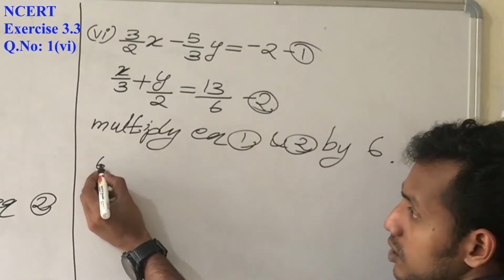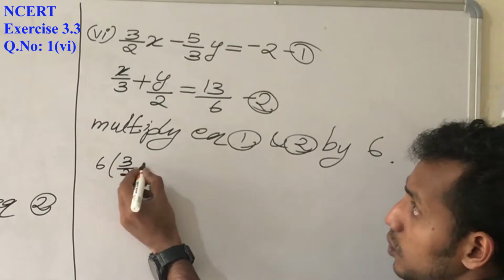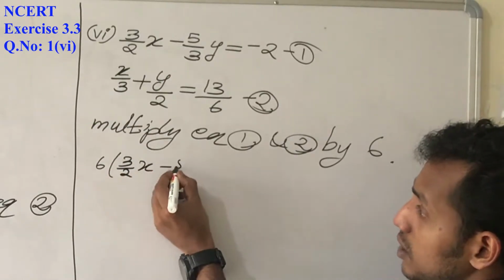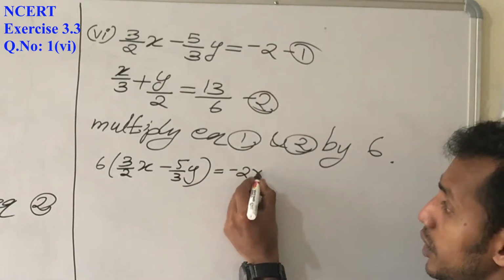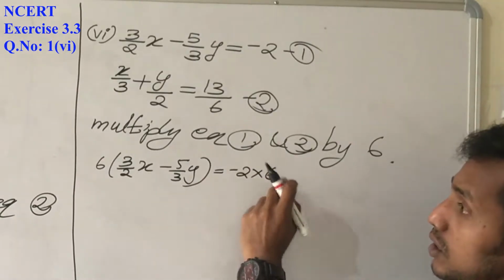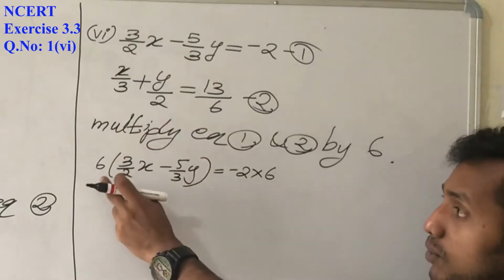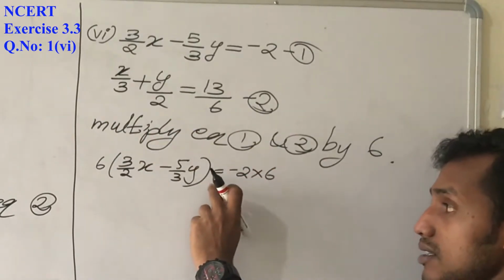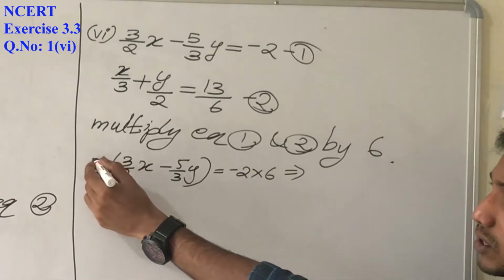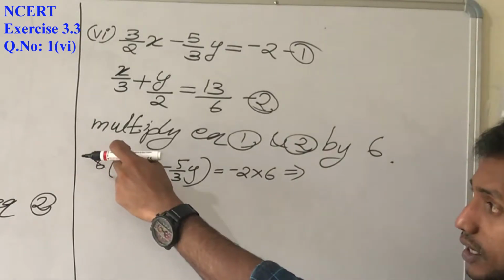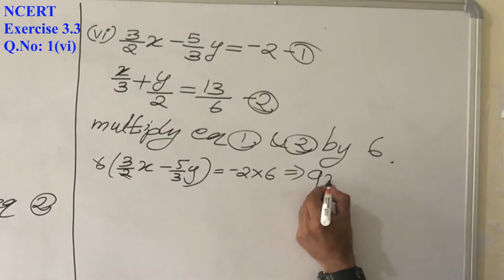What will we get? 6 into 3 by 2 x minus 5 by 3 y is equal to minus 2 into 6. Remember to multiply the same number on both the LHS as well as the RHS. What will we get? 6 and 2 cancel, here it will be 3, and 3 into 3 will be 9x.